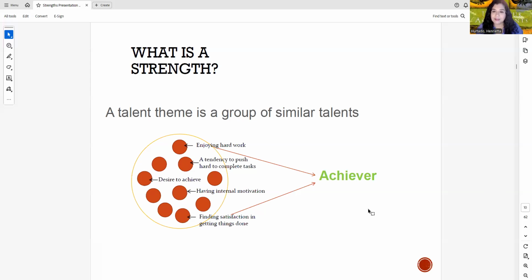And that group of similar talents is what created the achievement theme as one of your top 5 signature strengths or themes. For example, achievers enjoy hard work. They have a tendency to push hard to complete tasks, and a desire to achieve. They have internal motivation and find satisfaction in getting things done.